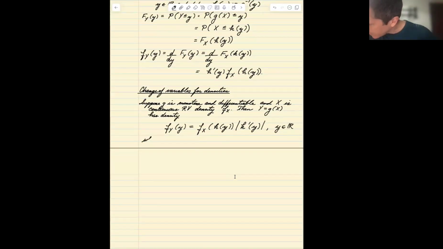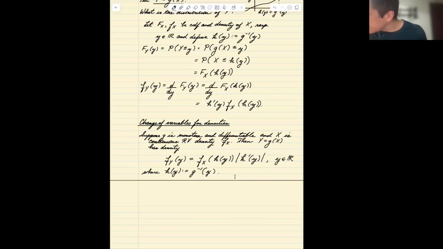This is where, again, we've defined H of Y as the inverse of G. The inverse of G exists because, again, G is assumed to be monotone, so it's either strictly increasing or strictly decreasing. The biggest difference here, we pretty much have the same thing as up here. The biggest difference is in this absolute value.